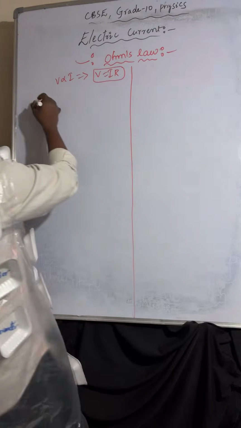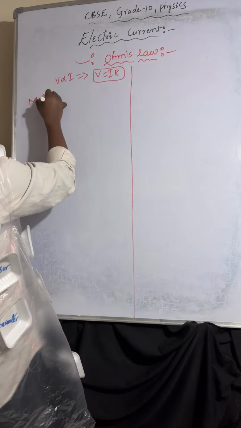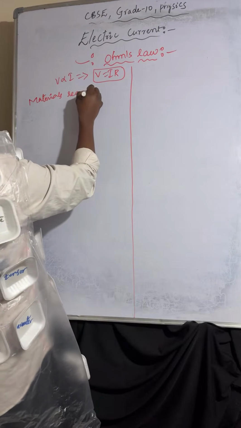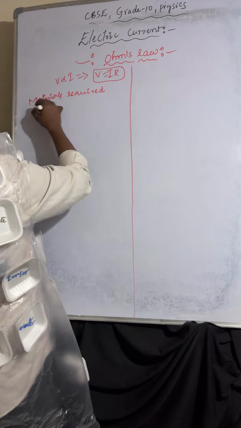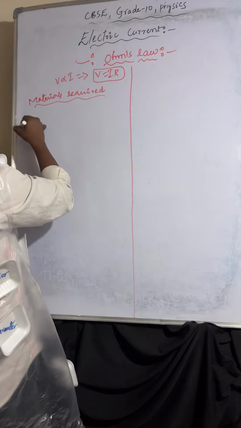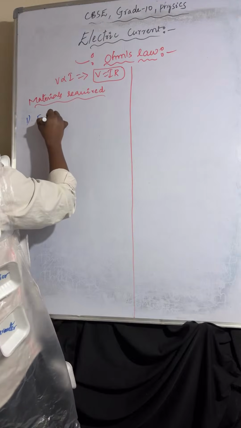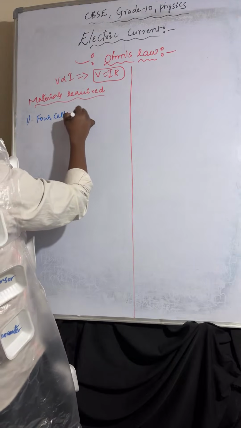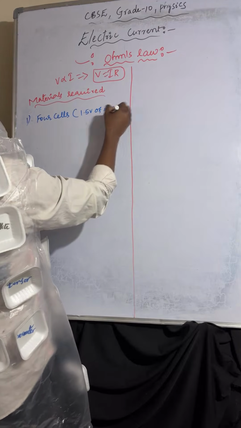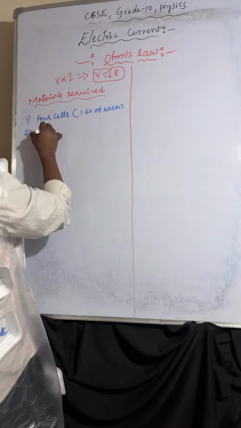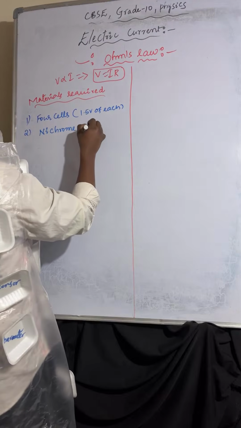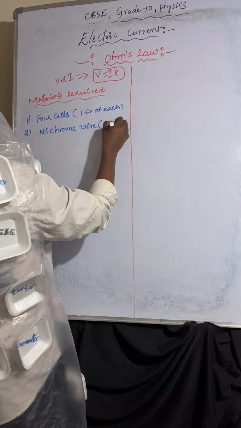Now, the materials required. First, four cells of 1.5 volts each. Second, nichrome wire of 0.5 meter length.